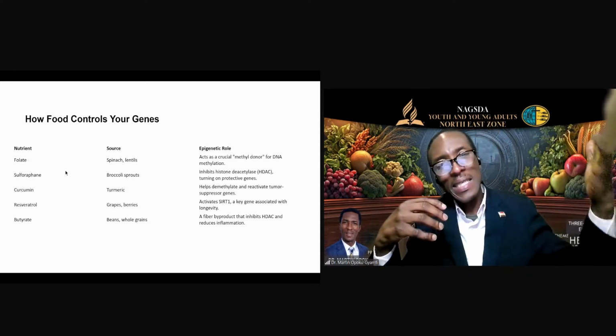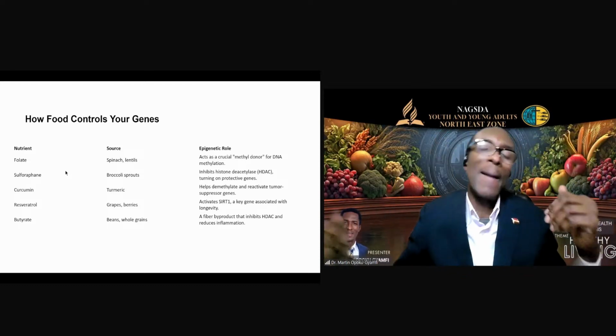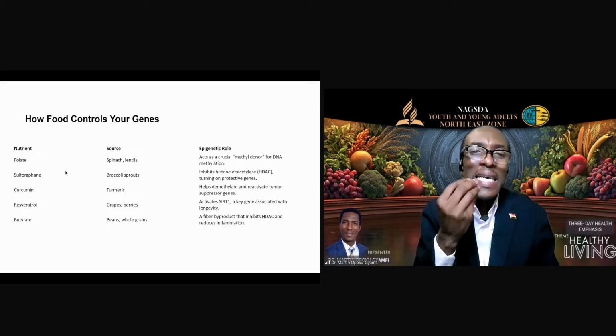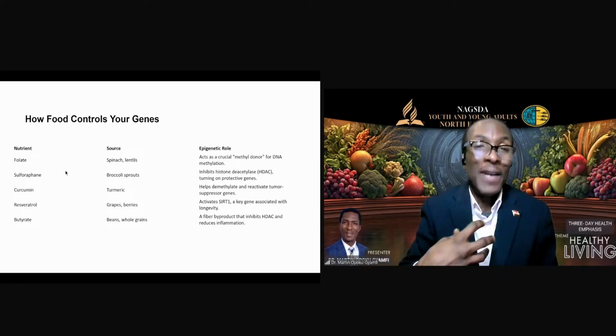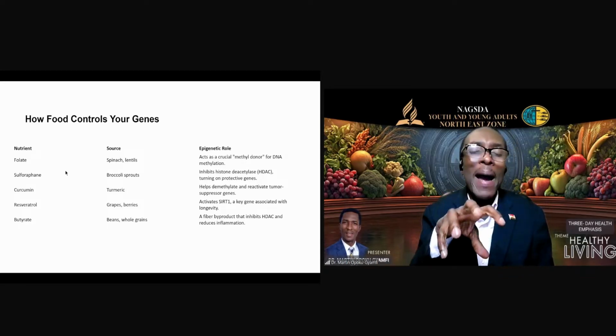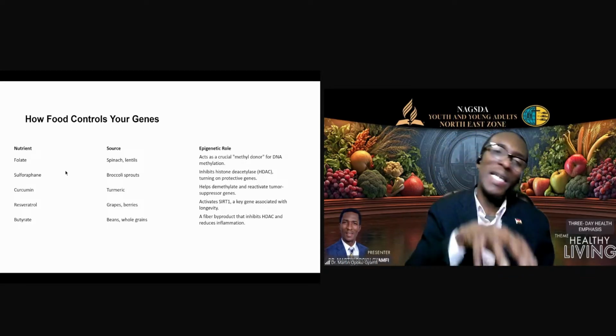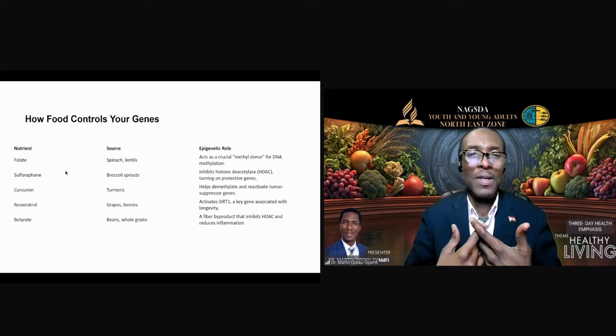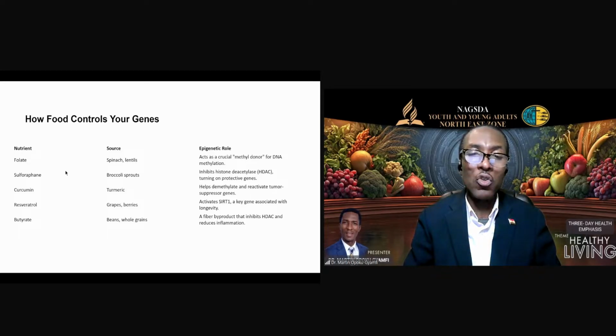You will not look at disease, diabetes, high blood pressure and cancer as an adult disease, but as a disease that you can cause to yourself merely by what you eat, which will change the genes, which will then suppress or activate the genes. And that is why I have chosen to present this.